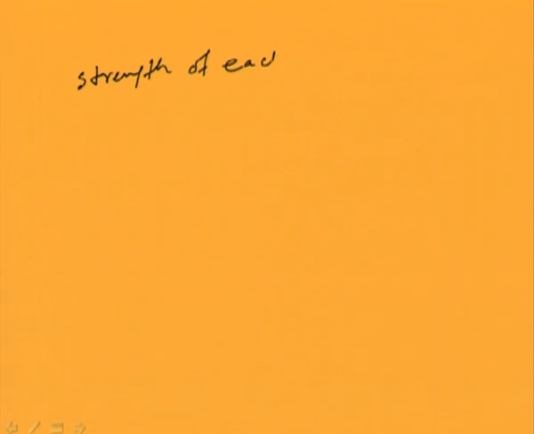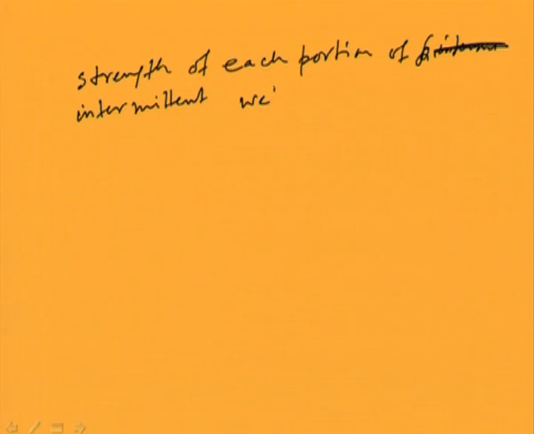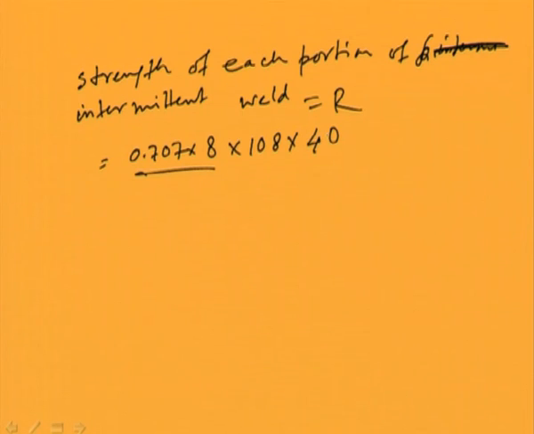The strength of each portion of intermittent weld, that is R, can be written as T, where T is nothing but 0.707 into S, this is the throat thickness, into the allowable stress, 108, and the length of the intermittent weld is 40, the effective length is 40, 56 the actual length and effective length is 40.